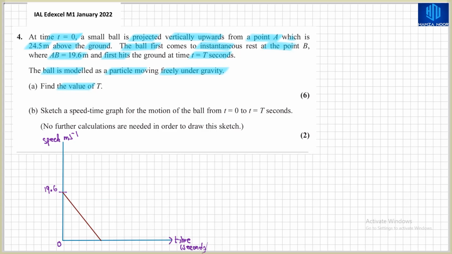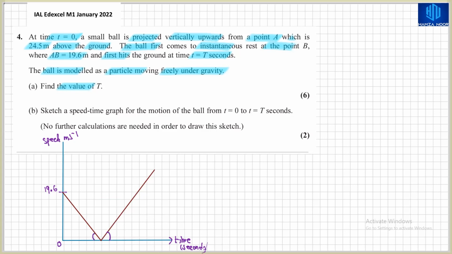As in the initial part of the journey from A till B, the particle is decelerating, and then the particle is accelerating in the opposite direction. But since we are making a speed time graph, not a velocity time graph, obviously we will make an upward sloping line from this point onwards, and make sure that the angles with the horizontal look the same.